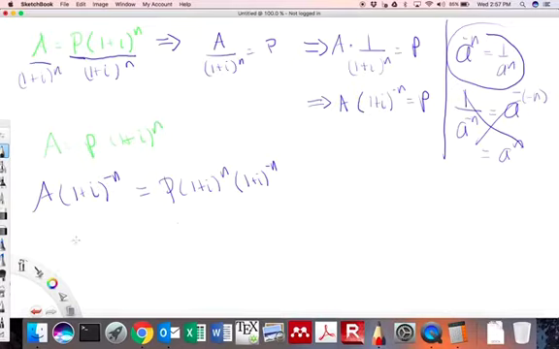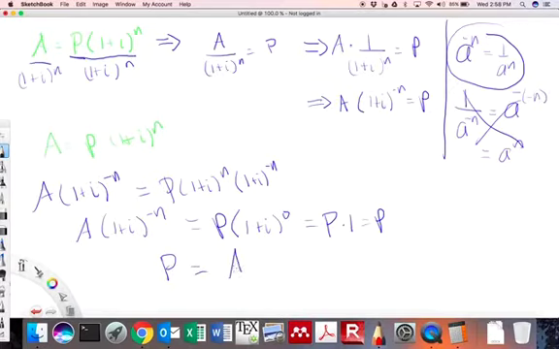And of course, that gives us A times 1 plus i to the negative n equals P. We have n and we have the opposite of n, so when we multiply those together, we get 1 plus i to the 0. We showed that in the last video. So either way you slice it, P equals A times 1 plus i to the minus n.